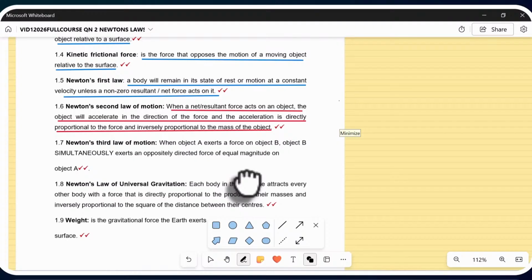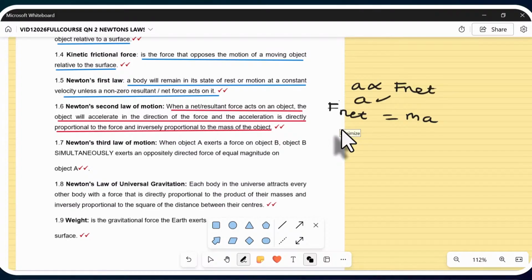And then this law is what we write as F net equals ma. F net equals ma. Whatever we have said here is in this same equation. We are saying that the acceleration is proportional to the net force, and also inversely proportional to the mass of that object when a non-zero resultant force acts on it.